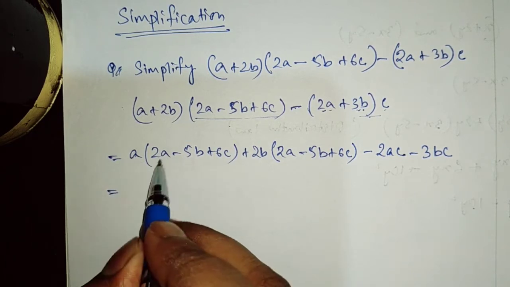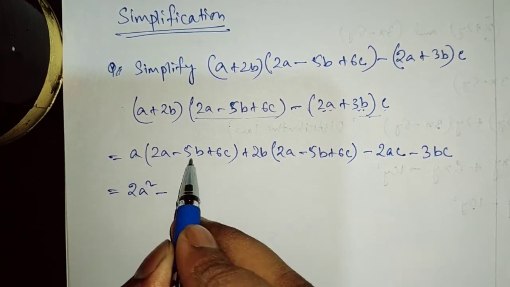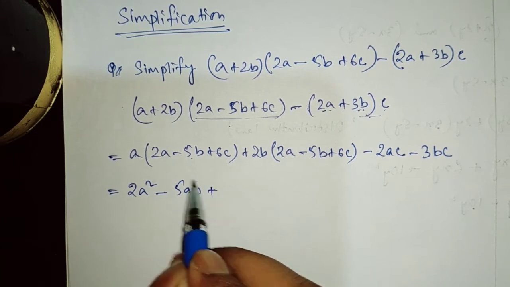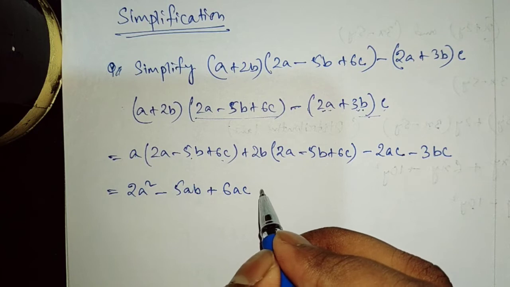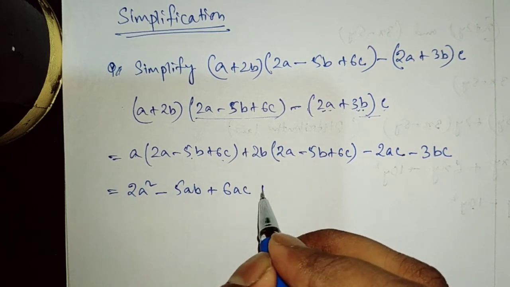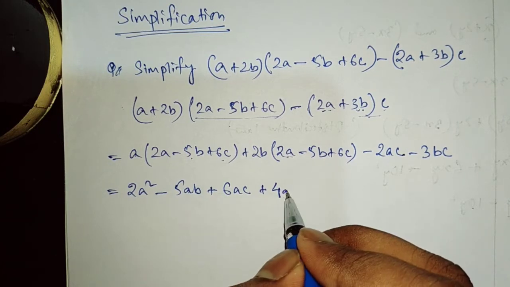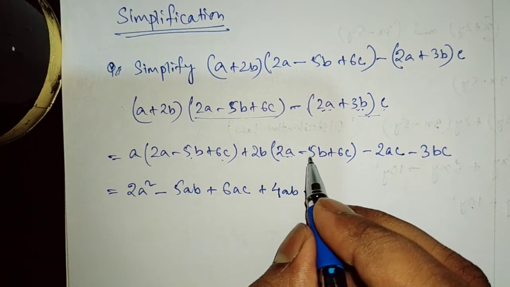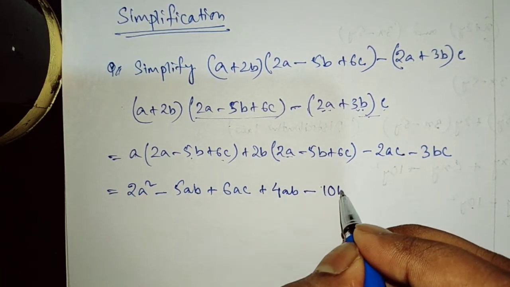a into 2a is 2a square, minus 5ab, plus a into 6c is 6ac, then plus 2b into 2a is 4ab, plus minus is minus, so 2 into 5 is 10, b into b is b square.